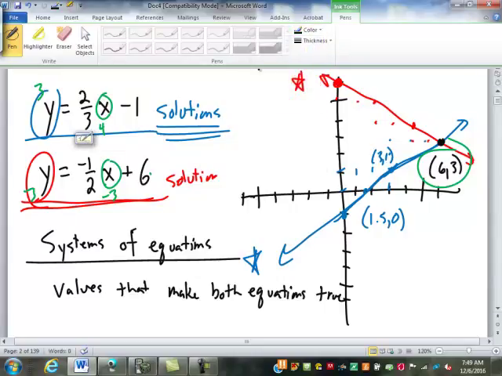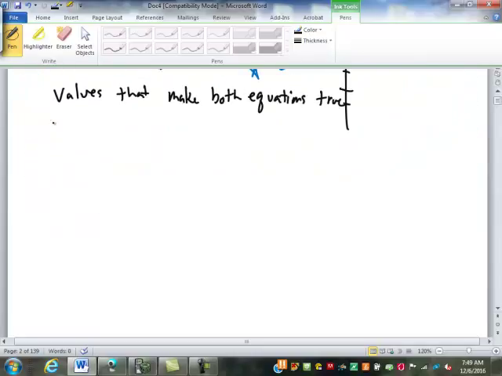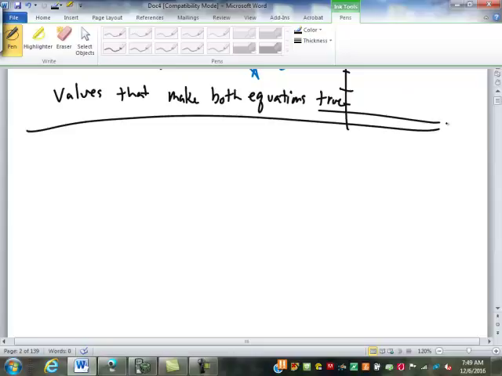And the simplest way to solve a system of equations, at least when it's two variables, is to just graph and look for the intersection.